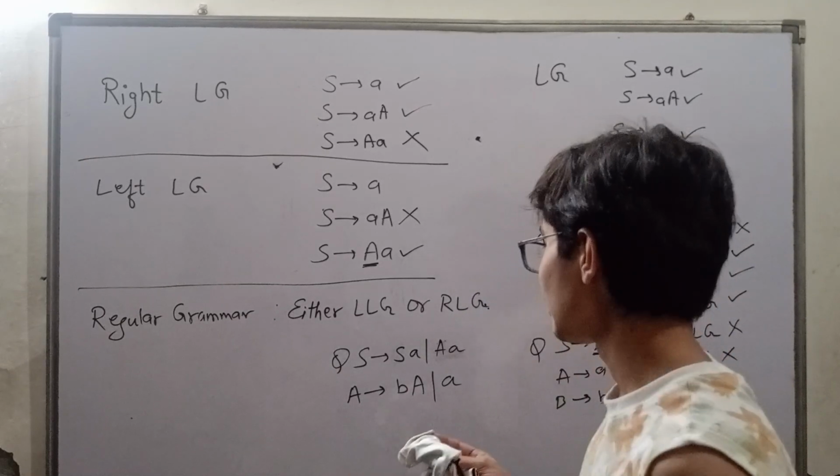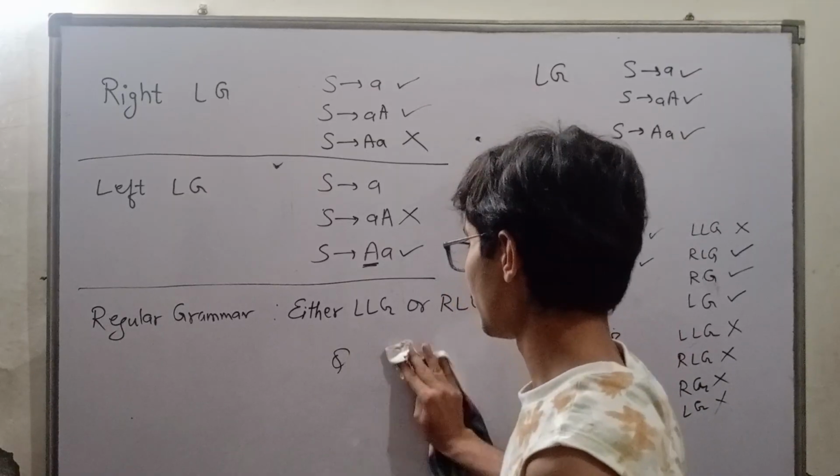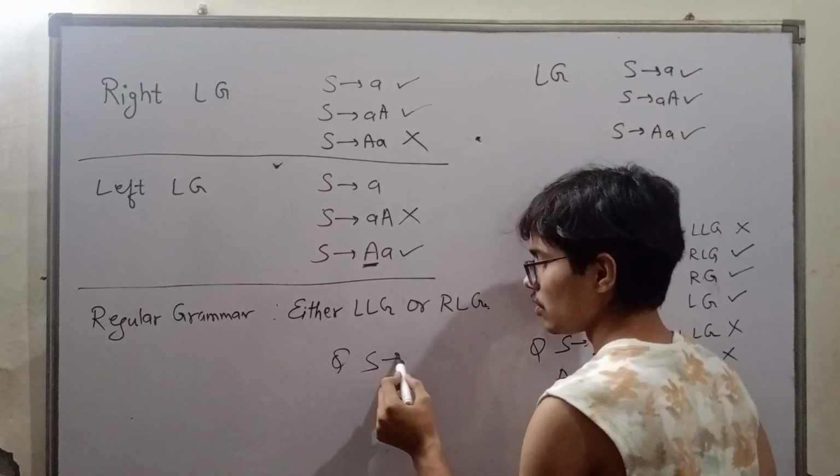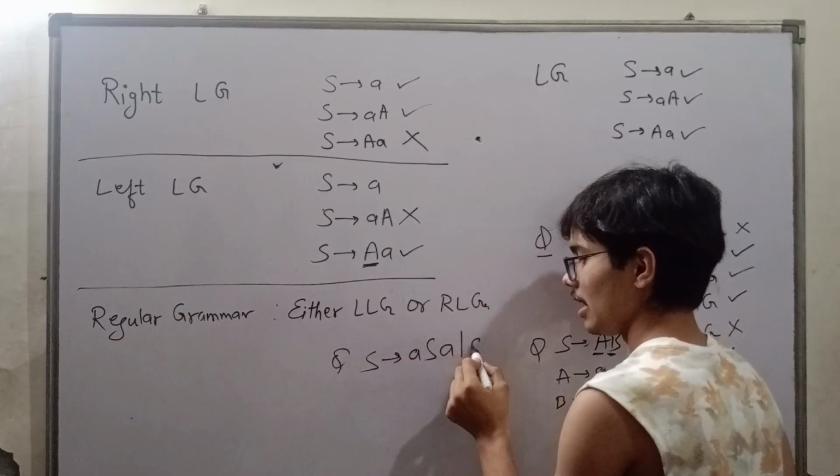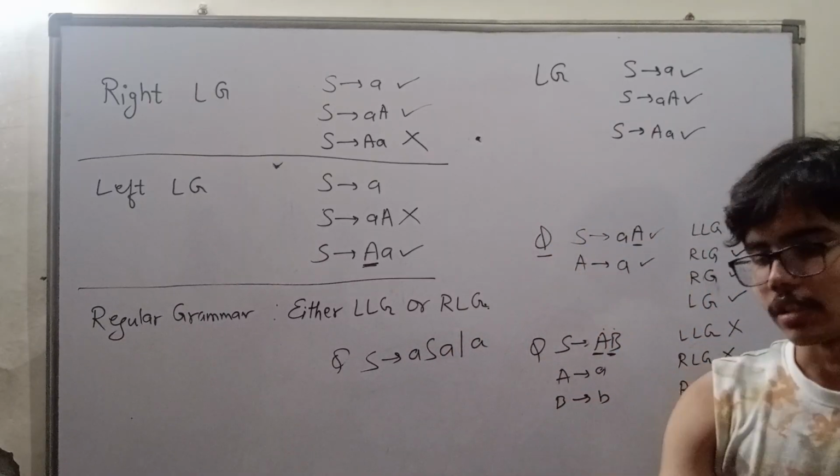Or I can take a very easy example. I don't have to create all this. I can write S to A, A to A. Okay. So what about this?